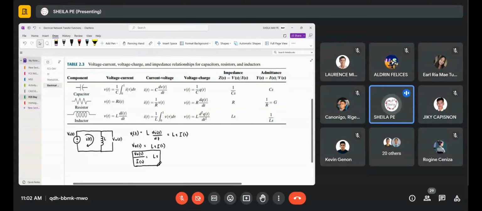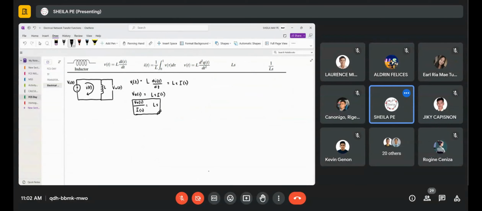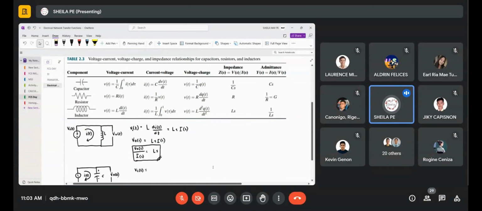If we have a certain capacitor, and an IT is flowing here. So if we have capacitor C, and we measure the output voltage across this capacitor, so we have V of t equal to, what's our capacitor?